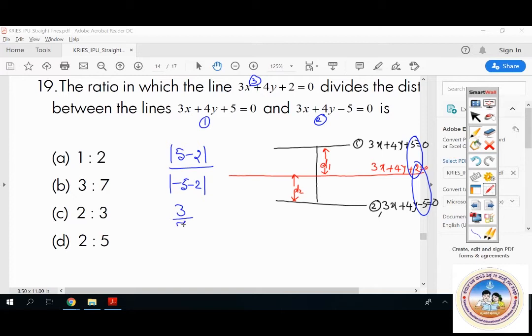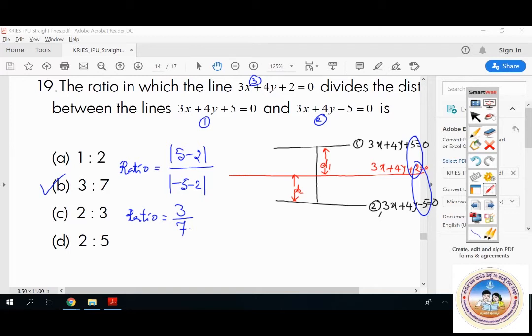I can straight away write this as the ratio. So ratio of this is going to be 3:7 ಬರ್ತಾ ಇದೆ. Answer for this is going to be option B. That is the correct choice.